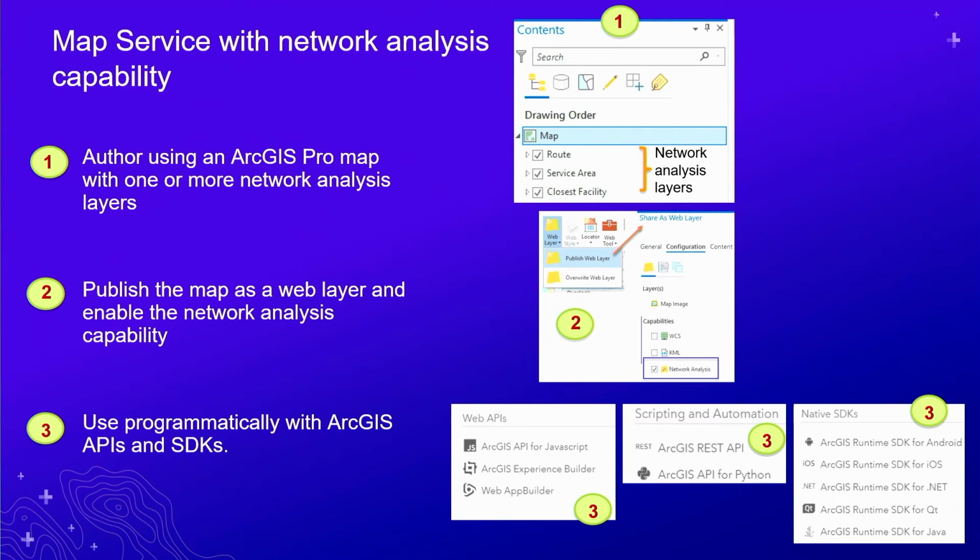This step is important because without it, you are only going to get a map service without any network analysis capability. So enabling this capability is extremely important to actually get a routing service alongside your map service. Then once you have your service published, you can use it programmatically with ArcGIS APIs and SDKs. Unlike the geoprocessing service, the map service with network analysis capability cannot be used from out-of-the-box applications. You have to use it programmatically with the APIs and the SDKs.